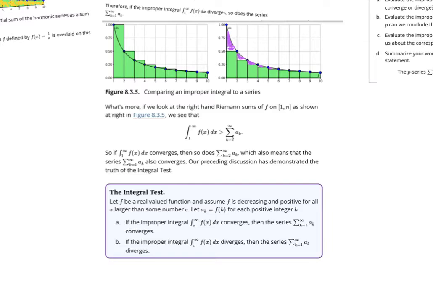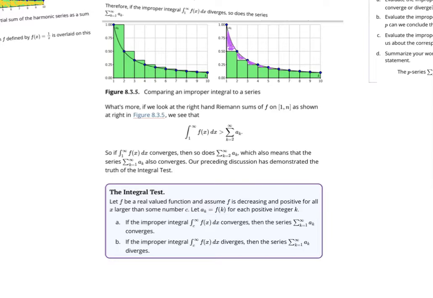Okay, so here in this picture, the integral is bigger than the partial sum, and when we let n go to infinity, that pattern is going to be consistent, so the improper integral is greater than the series.